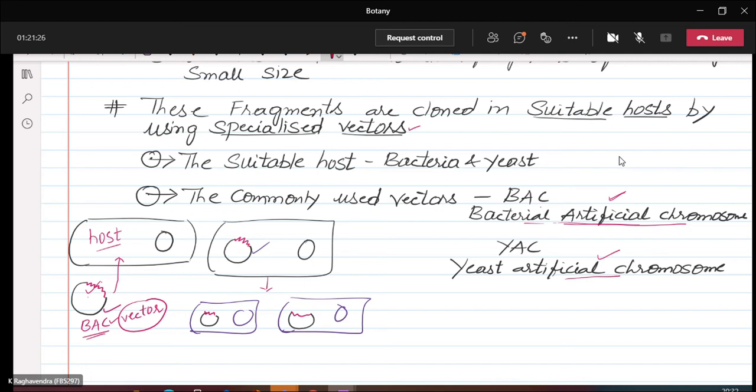In yeast, they isolated the DNA from some yeasts and trimmed that DNA. They added their fragment into that DNA and again inserted the DNA into the yeast cells. Then when the yeast cells multiply, the fragments also multiply. This step finally gives you more copies of the desired fragment.